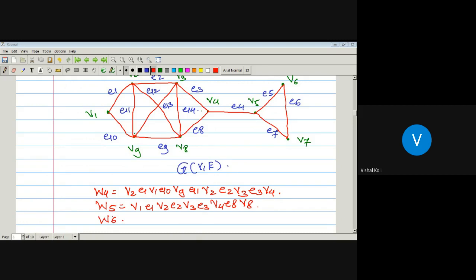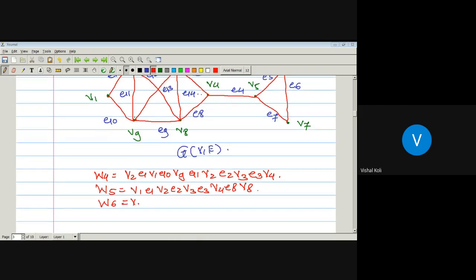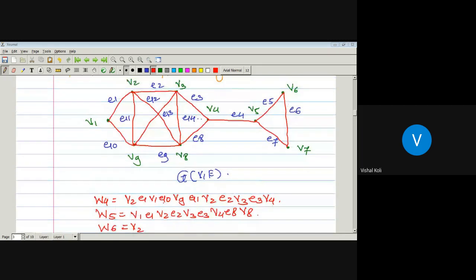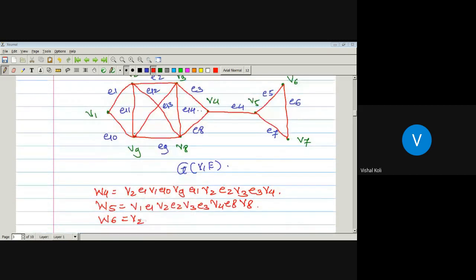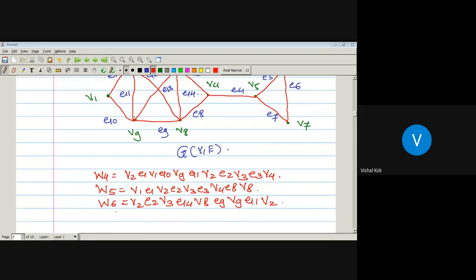W6 as V2, E2, V3, E14, V8, E9, V9, E11, V2.